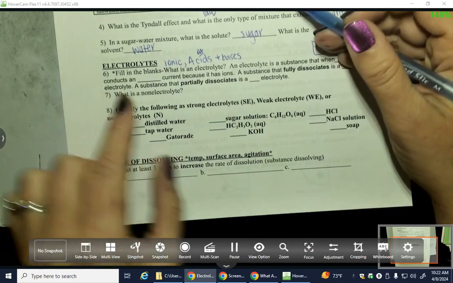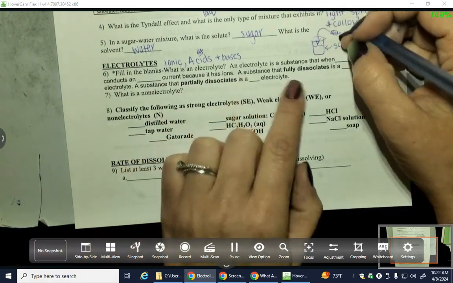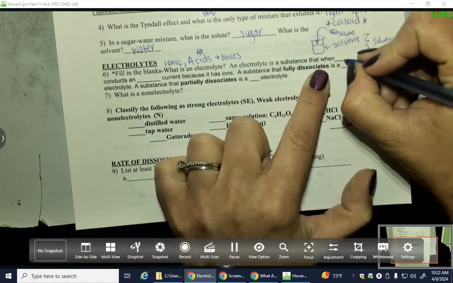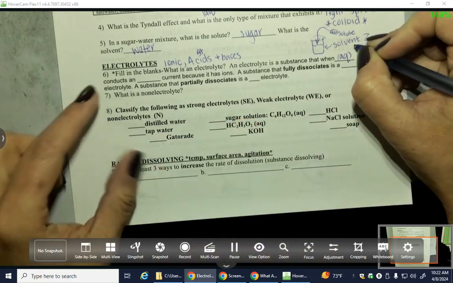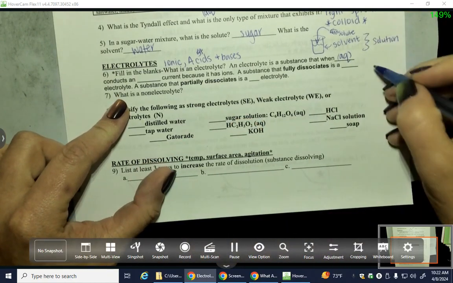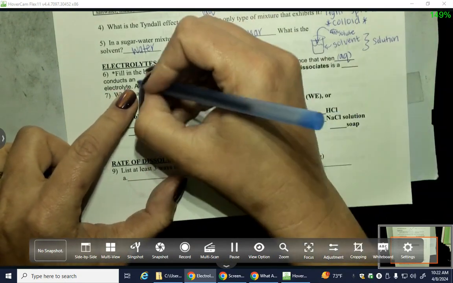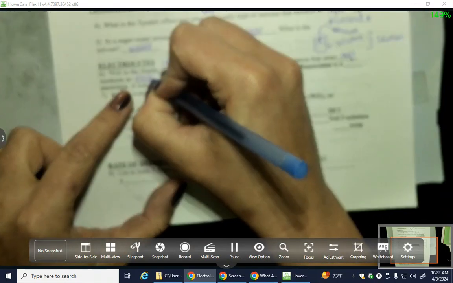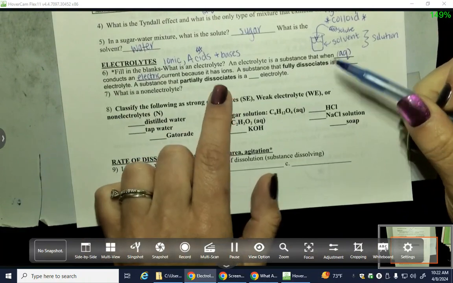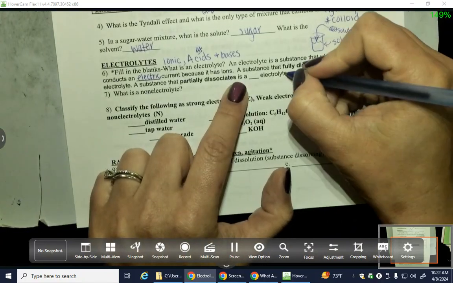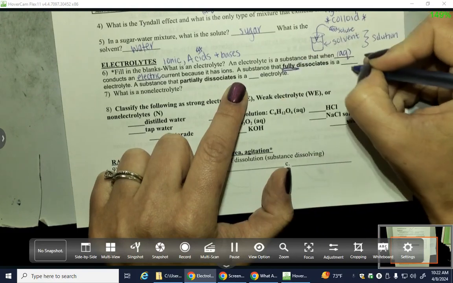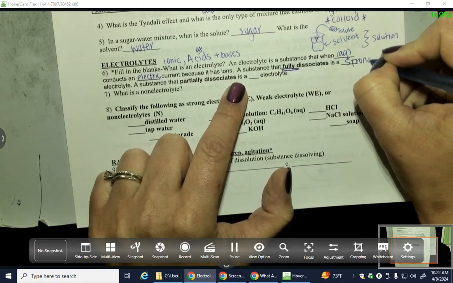All right, so what is an electrolyte? An electrolyte is going to be a substance that when aqueous, because you know that means dissolved in water, conducts an electric current because it has ions. A substance that fully dissociates, so the word fully, is a strong electrolyte.